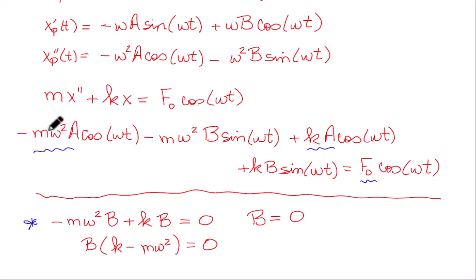So that tells me that this plus Ka must equal F0. And from the sine stuff, I've got m omega naught squared b plus kb. That must be 0. And so, looking at that, that says that b is 0.